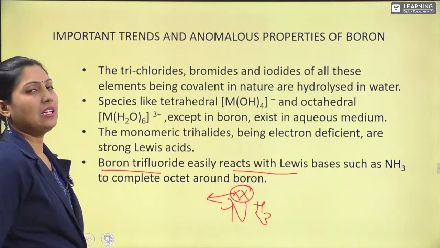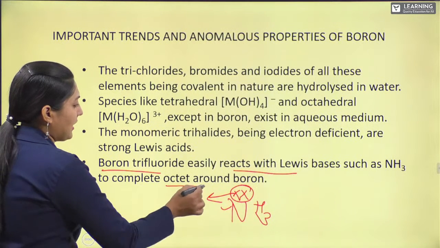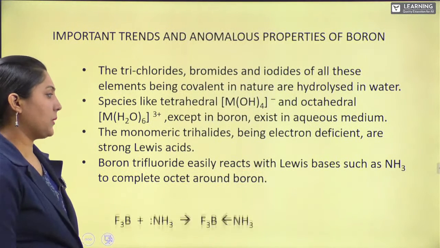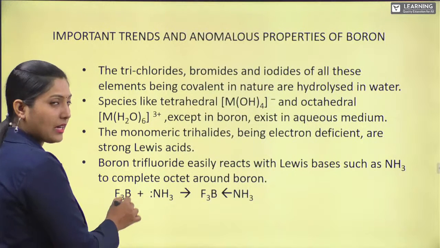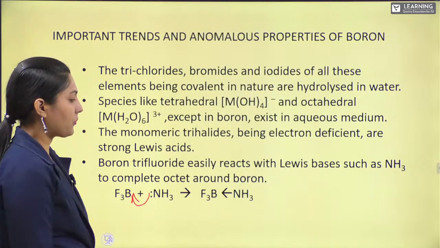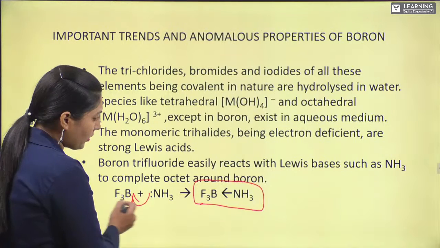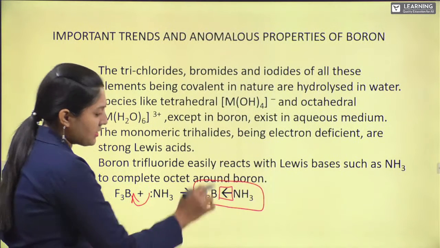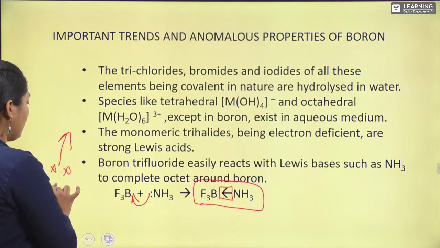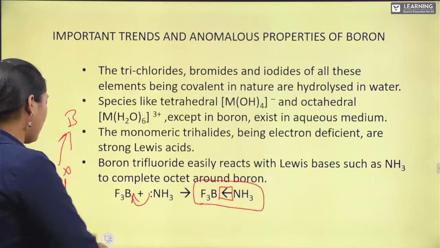So boron is the Lewis acid and NH3 is the Lewis base, and they can get the octet structure and attain stability. BF3 attracts this lone pair from the nitrogen to form BF3.NH3. Generally when a lone pair is donated, we represent it with an arrow mark from the donor to the acceptor. If it is from nitrogen to boron, we draw the arrow towards the boron from nitrogen.